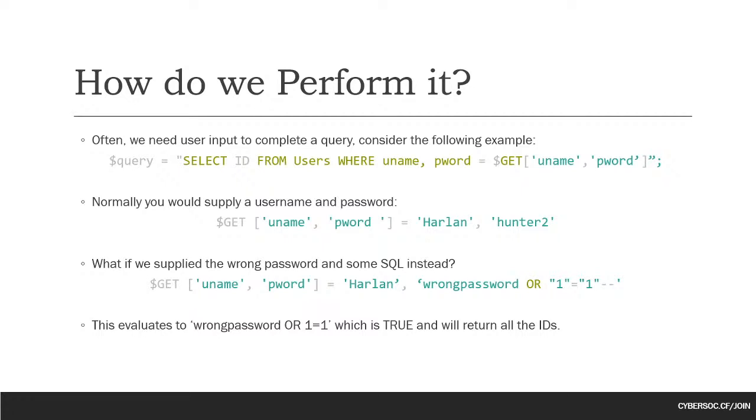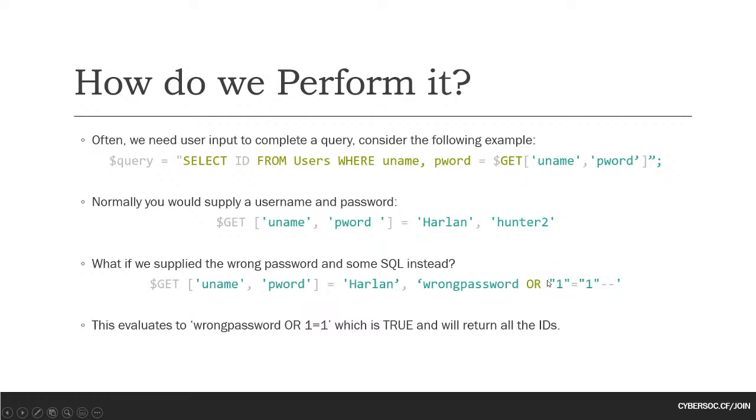But what if we added some SQL to the password instead? So here in this sample user input, we give the user Harlan, but we also give the wrong password and some SQL. What this SQL does is evaluate to wrong password or 1 equals 1, which will evaluate to true.